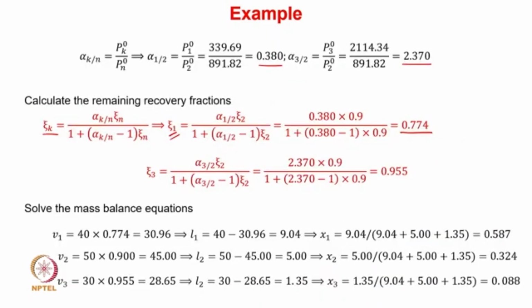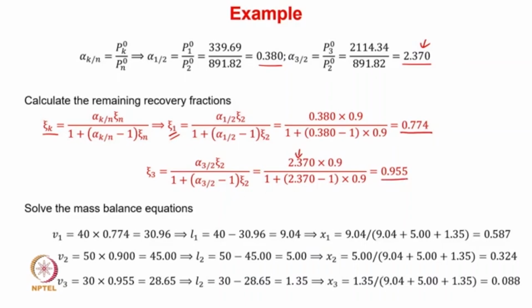Similarly, we can calculate the split fraction of the third component, which is nothing but benzene. That comes out to be alpha 3 by 2 into zeta 2 divided by 1 plus alpha 3 by 2 minus 1 times zeta 2. So this is nothing but 2.370, which we have already calculated, multiplied by zeta 2, which is the split fraction of the key component, 0.9, divided by 1 plus 2.370 minus 1 into 0.9.